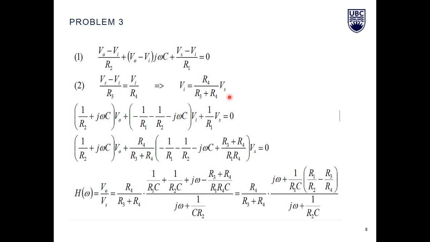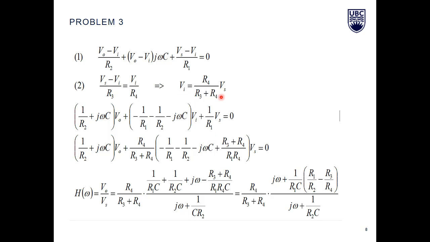So at the end, the transfer function will be Vo over Vs. So we want to somehow get rid of Vi in our relationships. So if we simplify expression 1 here, we separate all the terms containing Vo here, all the terms containing Vi here, and all the terms containing Vs here.